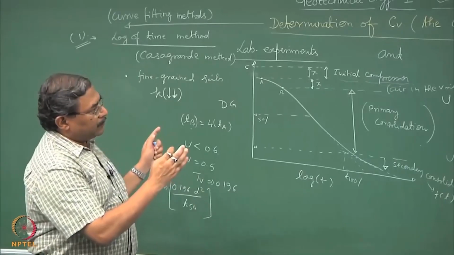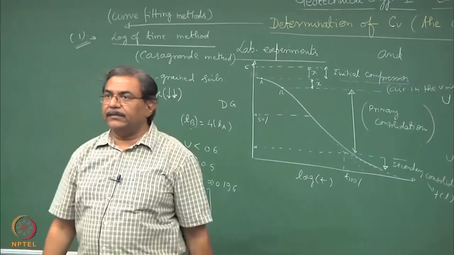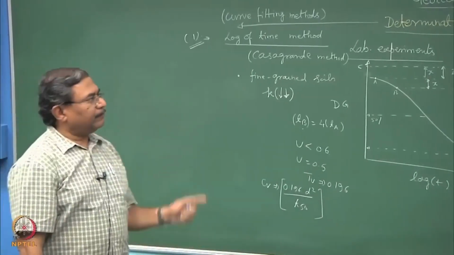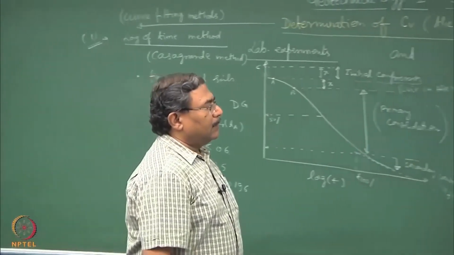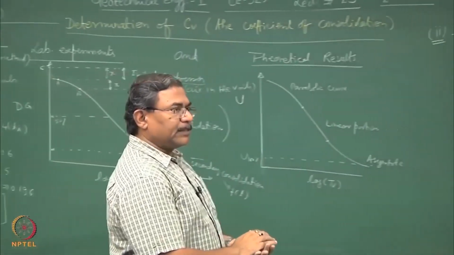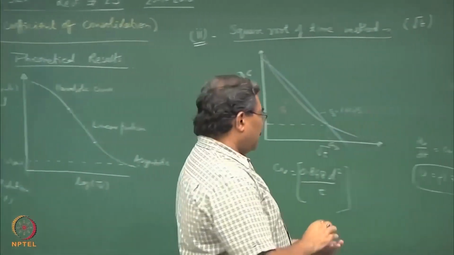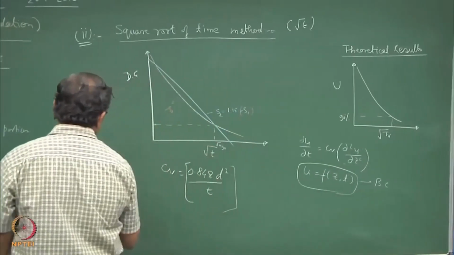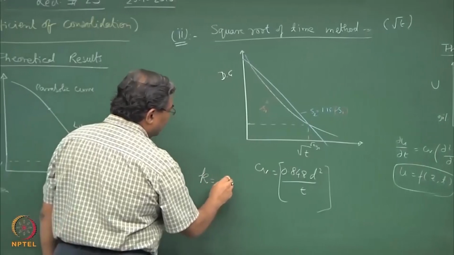All this is about one dimensional consolidation test, oedometer test. You get so much information from one dimensional oedometer test. I hope you can realize now, once you have obtained CV value, you can get the hydraulic conductivity.